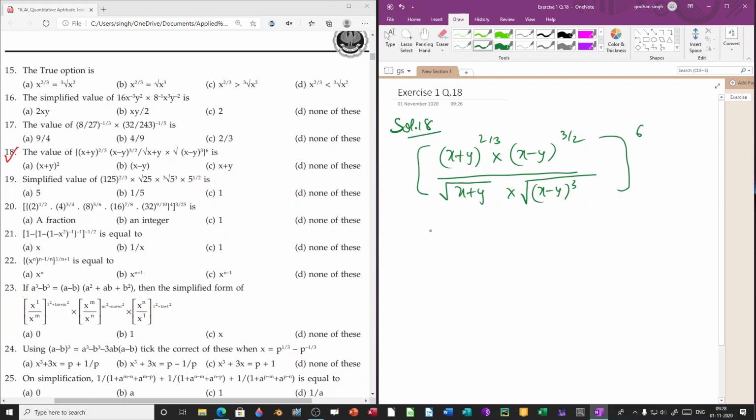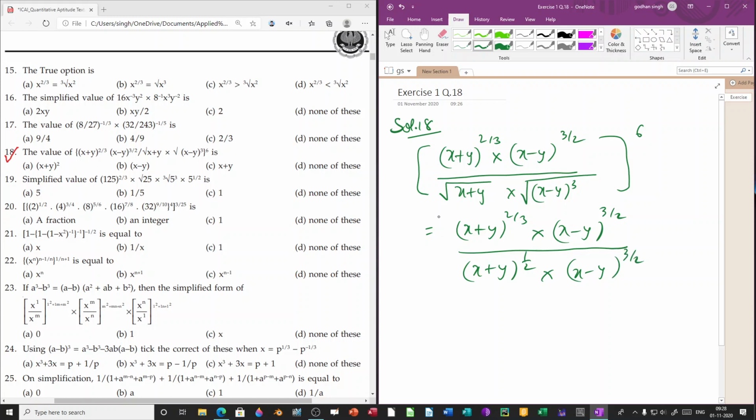So we have to find the value of this one, equal to, this can be written as numerator, for time being as it is, (x plus y) raised to 2/3 into (x minus y) raised to 3/2, whole divided by, this can be written as (x plus y) raised to 1/2 and into (x minus y), this is also 1/2 into 3, that will become (x minus y) raised to 3/2, and we have here raised to the power 6.